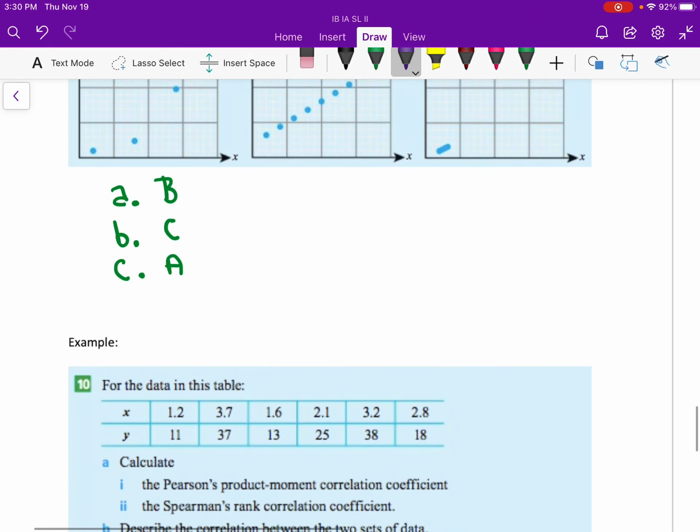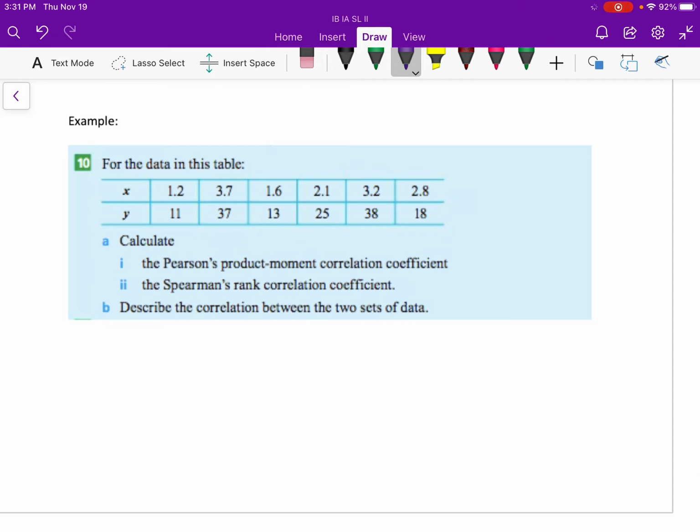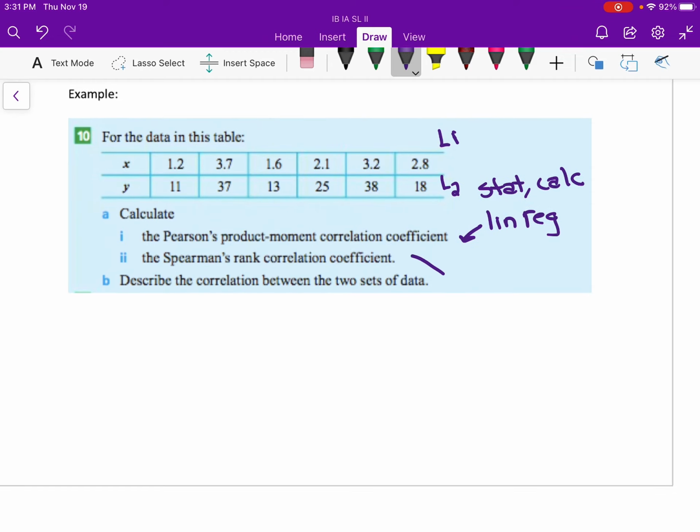All right. Here is our last example. For the data in this table, calculate the Pearson's product moment correlation coefficient. Okay, so this is our regular linear regression, like stat, calc, lin reg. So this is going to go in list one, this is going to go in list two. Okay, if you're doing the Spearman's, you have to rank these first.